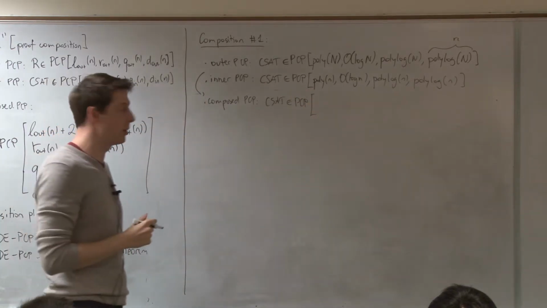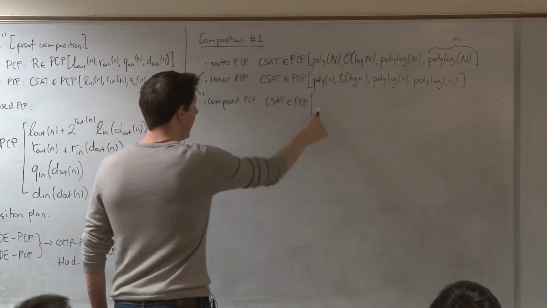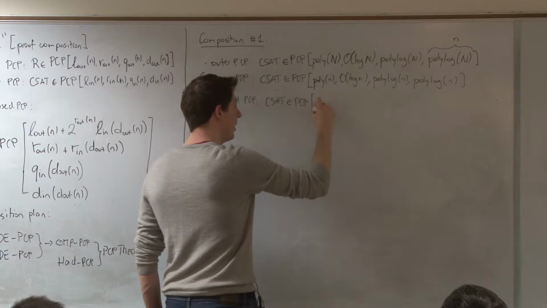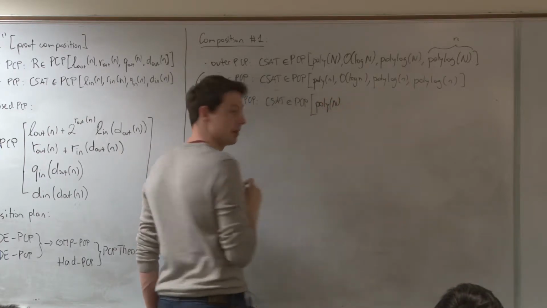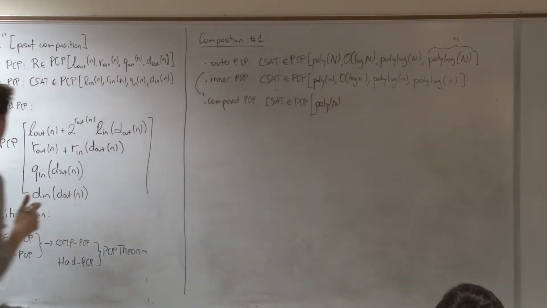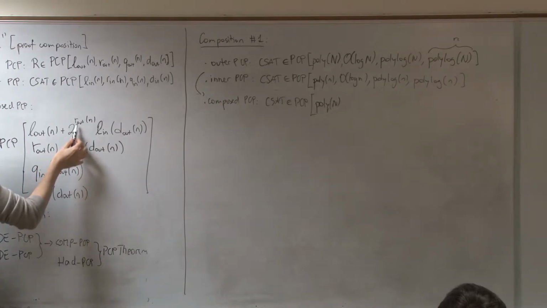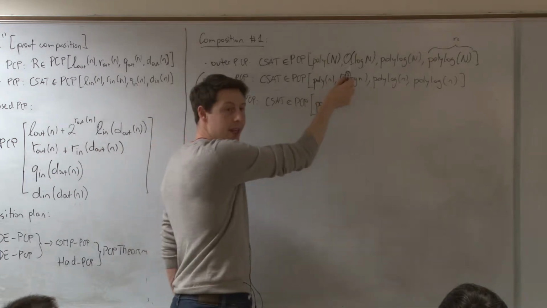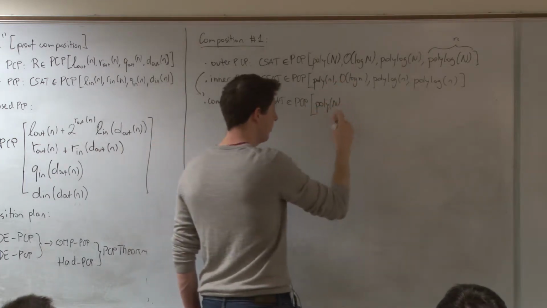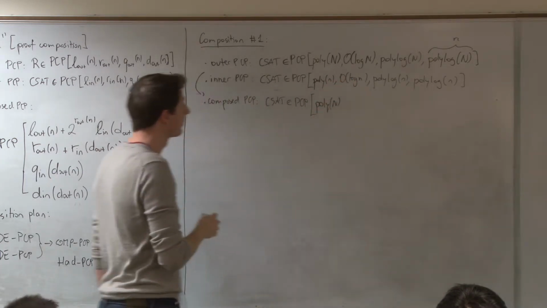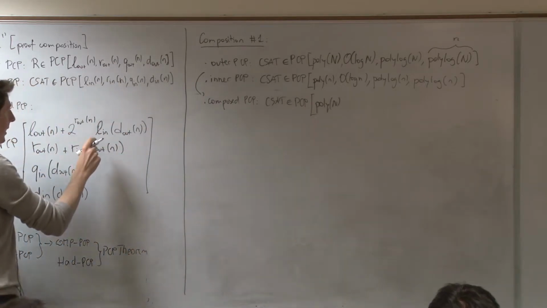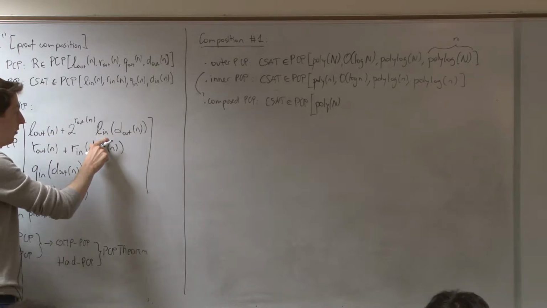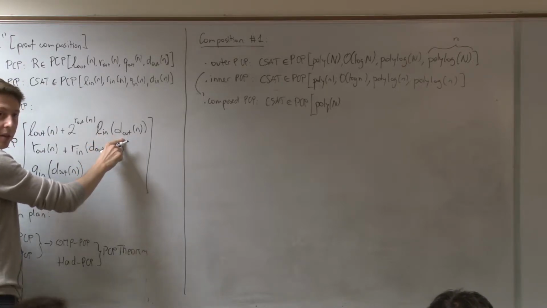Now we have to work out the parameters. The length will be the outer PCP, so it's poly big N, then 2 to the R out n, so that would be 2 to the log big N, which is poly n, times the length of the inner one on this guy.